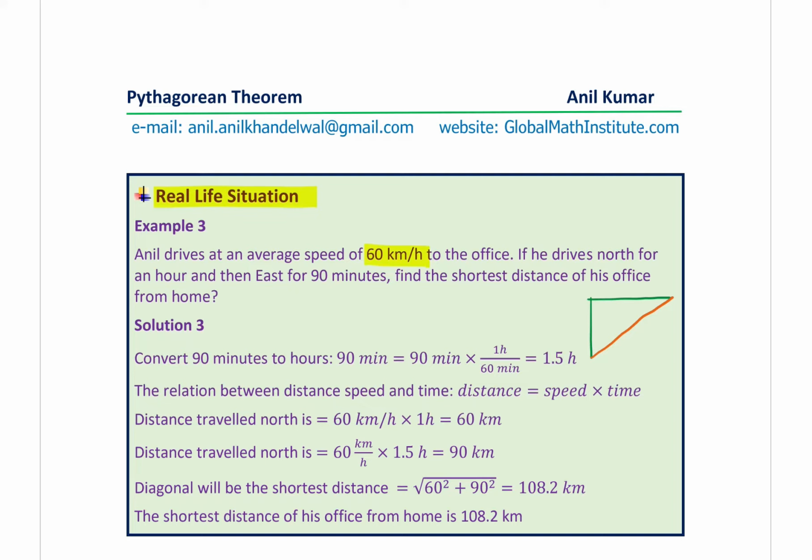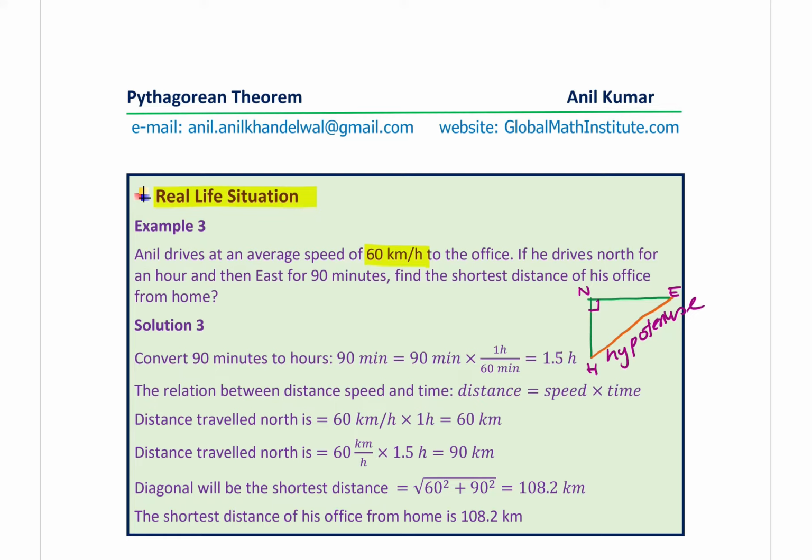Now, since you are going north and then you go east, definitely it is going to be a right triangle, right? So that is your home. Now, we can actually find the length of the shortest distance, which is the hypotenuse, using the Pythagorean theorem.